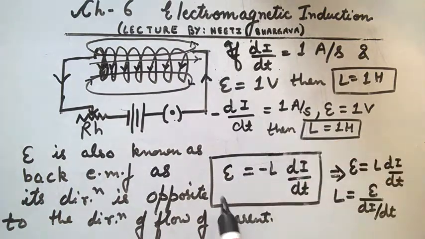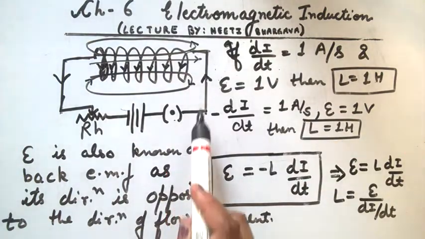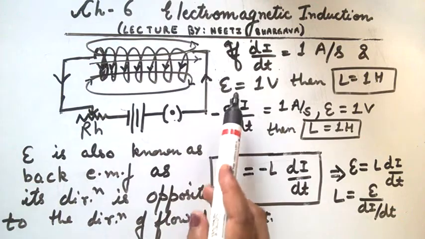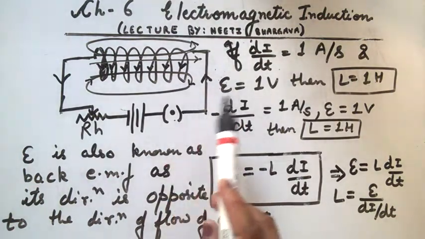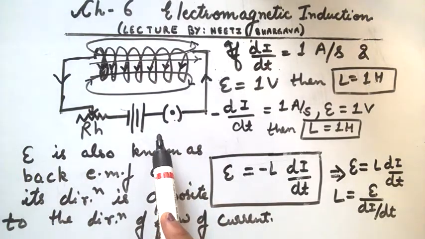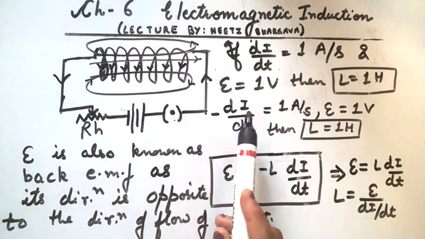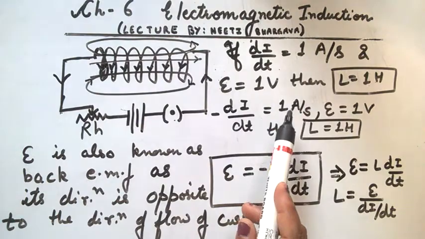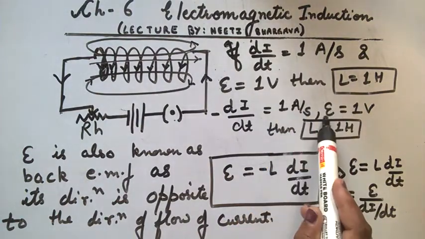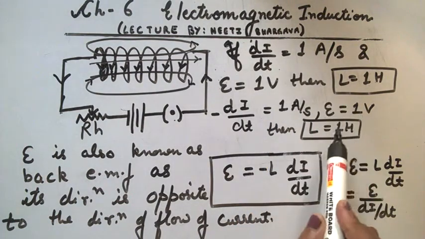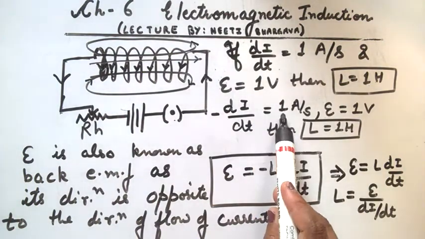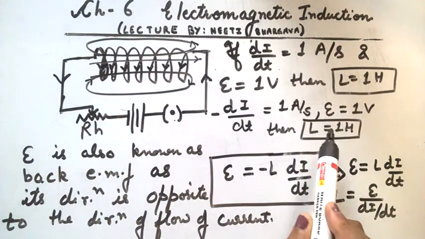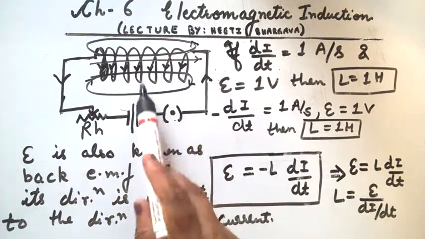That is, when the key is on, there is a change in current, thus a self-induced EMF is produced. And when the key is off, there is a decrease in current, and because of that also an EMF is induced within it, equal to 1 volt. And when the decrease in current is also 1 ampere per second, then the self-inductance of the coil is 1 Henry.